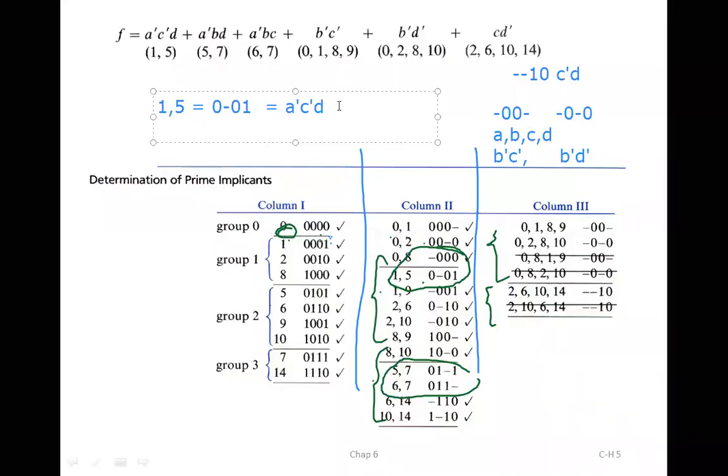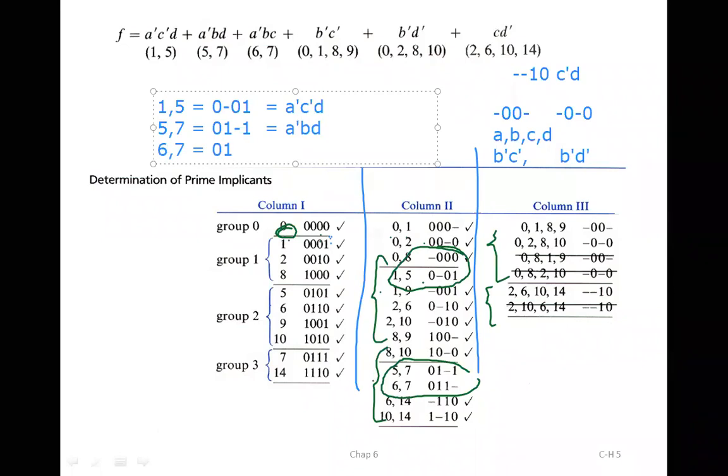Now what else is left out next? Next I have the prime implicant associated with 5 comma 7 over here. So what is that according to us? It is 0 1 hyphen 1, which means it is A bar, and 1 is B, C is not there, I will get D. Again, one more is also left out, 6 comma 7. What is the prime implicant associated with 6 comma 7?